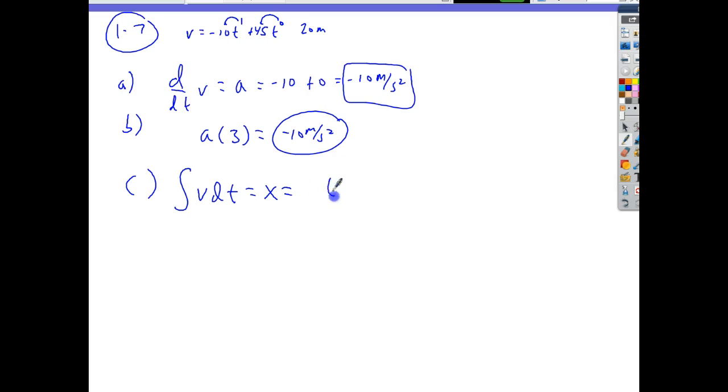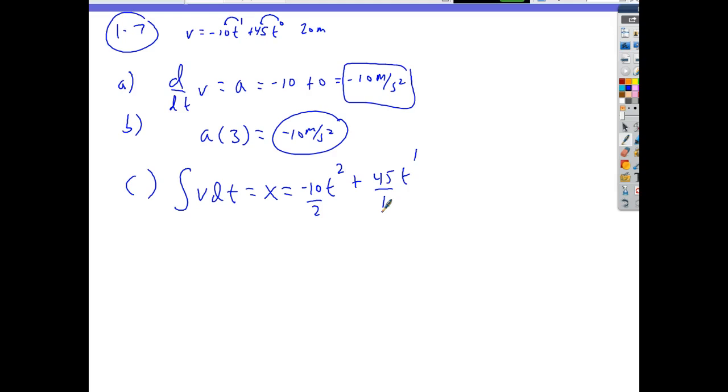So I'm going to go t to the second, negative 10 divided by 2, plus 45 t to the first divided by 1, but I'm missing something. What am I missing?